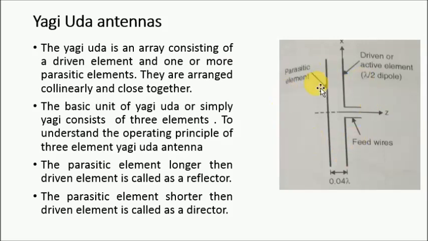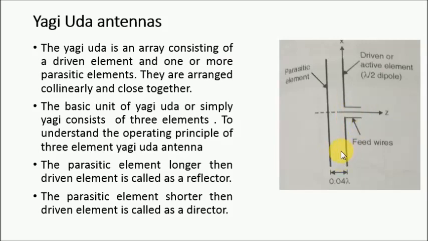You can see in the figure. The basic unit is very simple. The Yagi-Uda antenna here has only two elements, and we can have 3 elements or 4 elements, 5 elements, etc. The parasitic element is longer than the driven element, and this is called the reflector, and this is called the dipole where the feed wires are connected. It is called the driver.